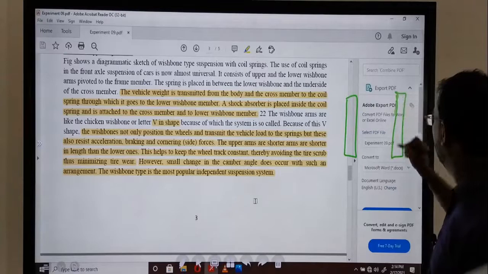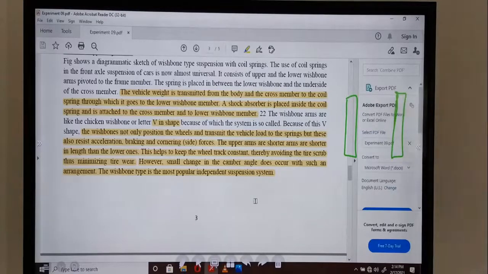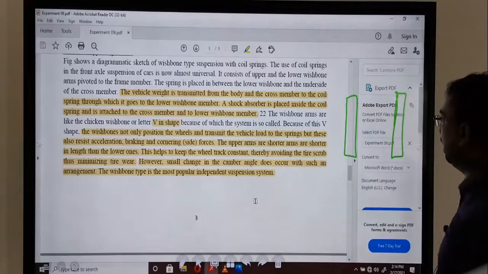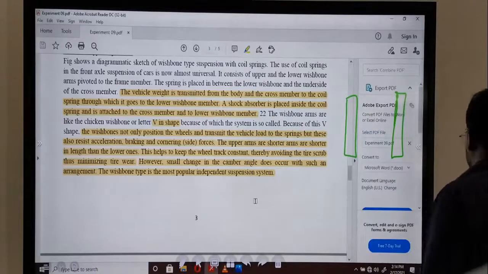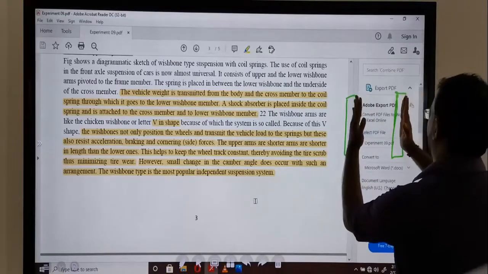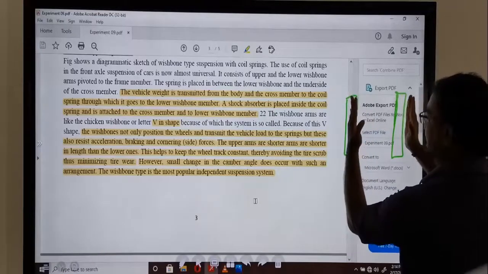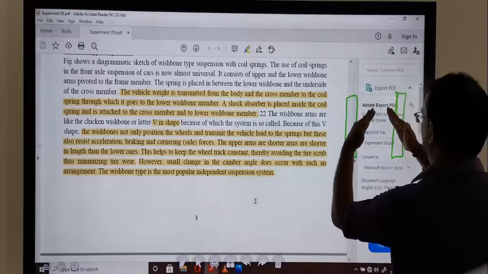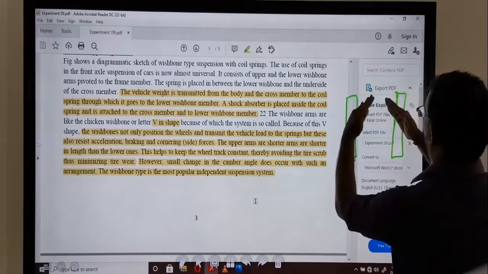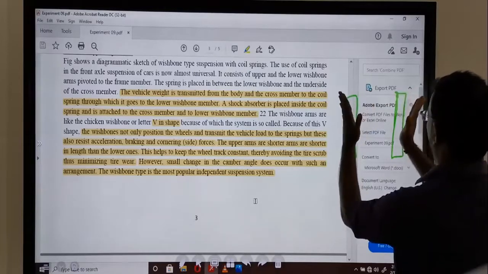So the two wheels are like this. The camber means there is a misalignment. This must be vertical. The camber means the wheel is going like this or like this. This is called negative camber, this is called positive camber, okay.